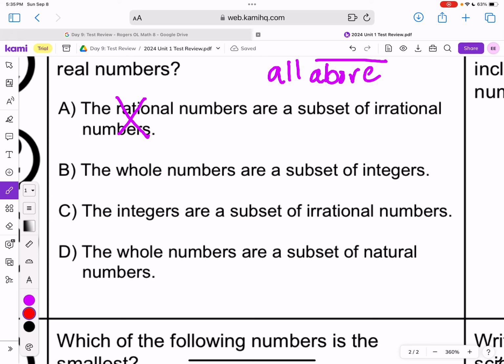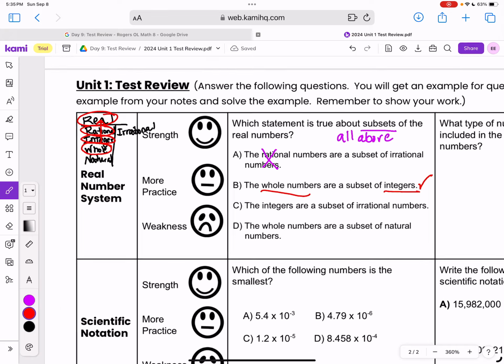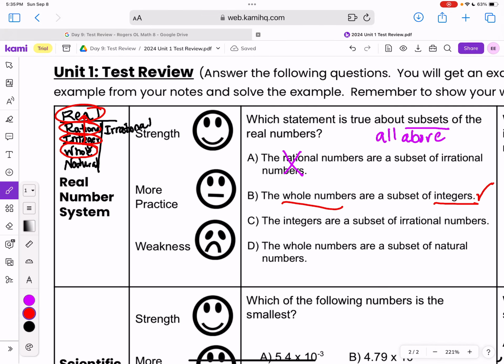The integers are a subset of irrational numbers. For that one, it's not, because if you take a look, you can see that integers and irrational are two completely different parts. So that one I can also eliminate. Whole numbers are a subset of natural numbers.